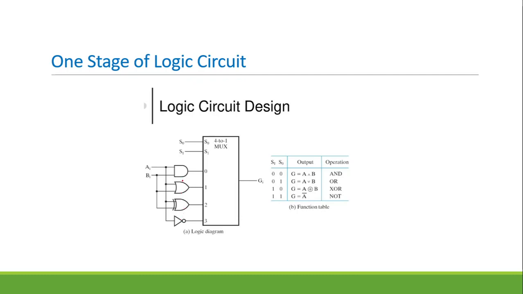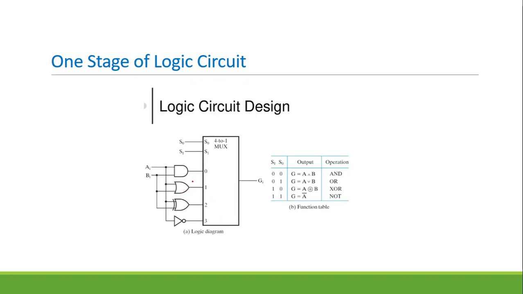So here, if we do the AND operation, the input will go to D0 and we will get the output as G when the select line is 0, 0. Then D0 will be selected. When the select line is 0, 1, then D1 will be selected. What is the input of D1?